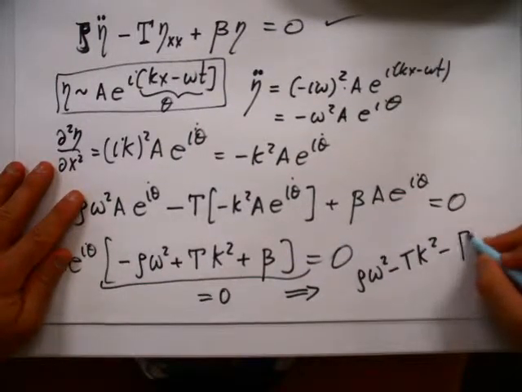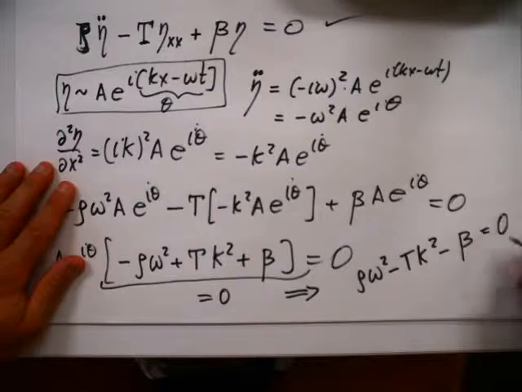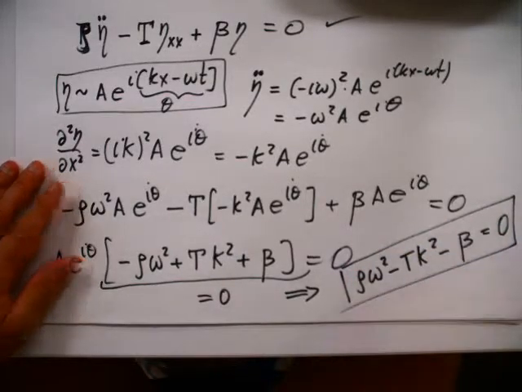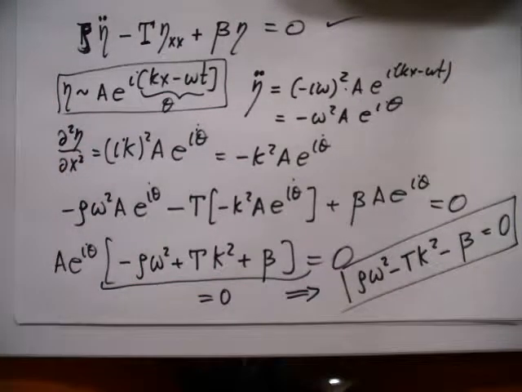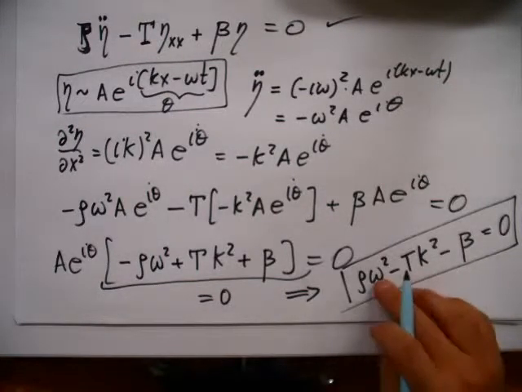Okay? So you see that in order for this ansatz to be a propagating wave through the string, the frequency and the wave number need to satisfy this relation.